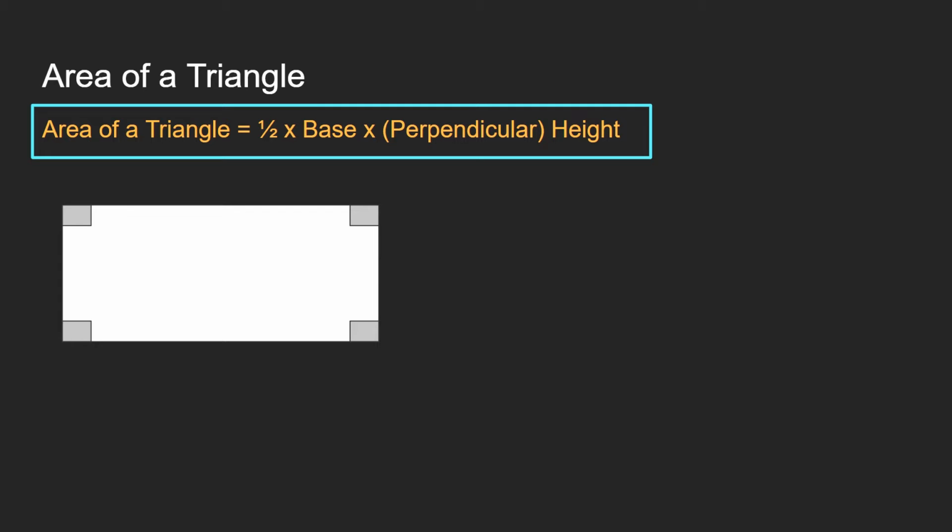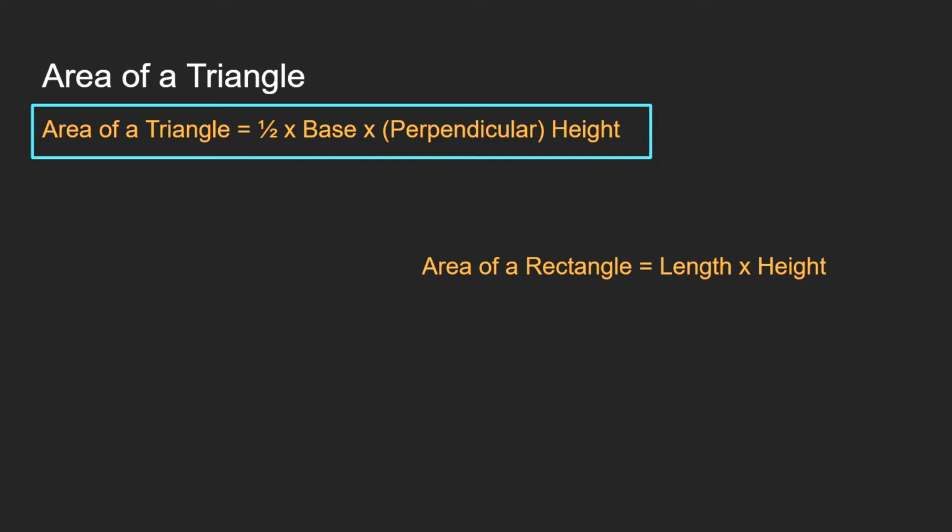So how do we prove that that is what it is? We have this rectangle here, and we know that the area of a rectangle equals length times height. First, let's split the rectangle into half using a diagonal line.